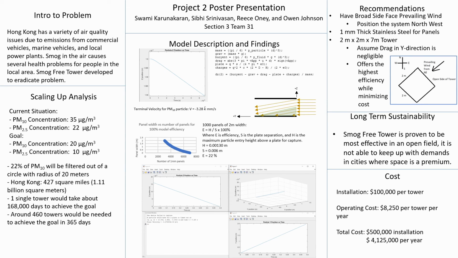Moreover, assuming that there's no more particulate matter being put out, Team 31 calculated that a single tower would need to run for 168,000 days, or about 500 years, to achieve the goal. However, this time frame could be reduced by adding more towers. For example, Team 31 calculated that about 460 7-meter towers could achieve the PM10 goal in a year.